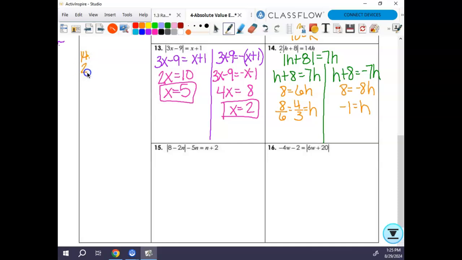I'm going to do 2 times the absolute value of 4/3. What did I do? This right here? Oh, yeah, I'm sorry. That's number 14. What did I do? 2, and then 4/3 times 4/3 plus 8 equals 14 times 4/3. Okay.